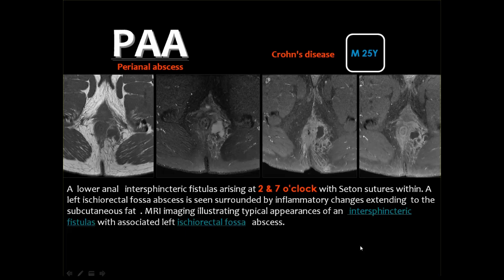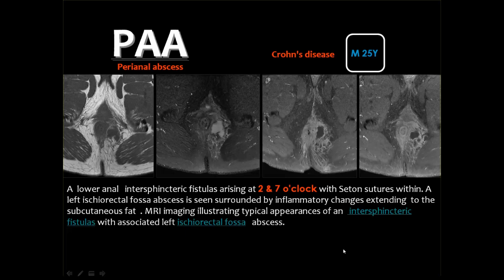And this tube is actually very useful in the management of anal fistulae, and I will mention its exact function. Then these are the openings at 2 and 7 o'clock, and you get this abscess filling the area of the ischioanal fossa, reaching inferiorly to the skin.